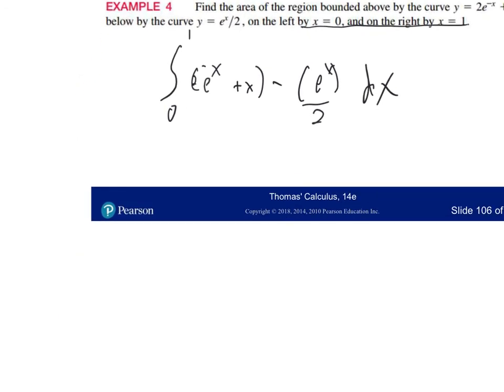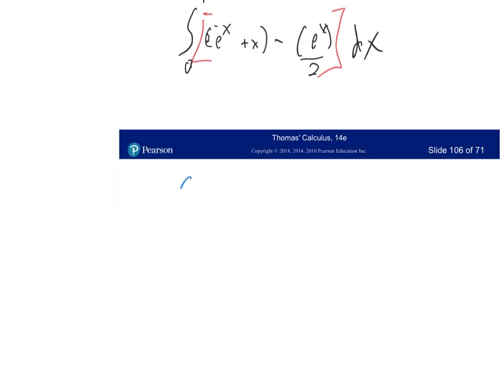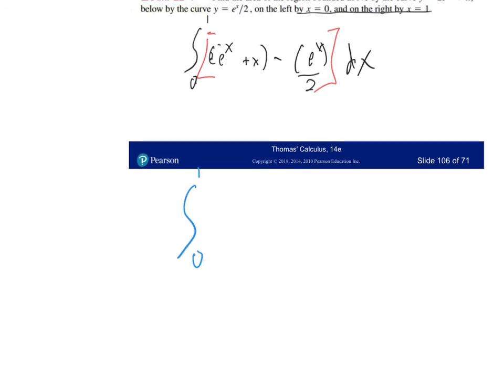We are doing it by hand. Yes, a calculator could give you the decimal answer. You literally could type in your 0 to 1 and this whole ugly mess. Write that out all together as the integral from 0 to 1 of 2e to the negative x plus x minus e to the x over 2 dx.